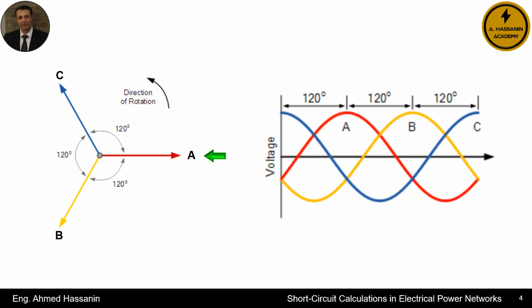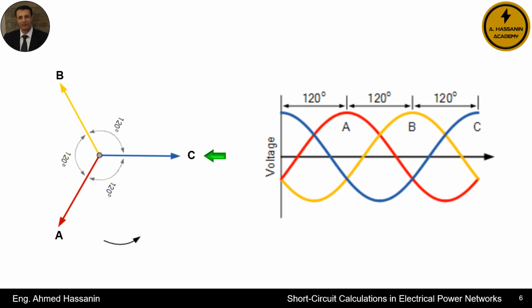Therefore, the phase sequence will be A, then B, then C. This means that when moving counterclockwise, when phase A starts rotating, the phase that takes its place is phase B, followed by phase C. In conclusion, the original sequence of rotation for the three phases is counterclockwise. In other words, phase A comes first, followed by phase B, and then phase C. Therefore, the phase sequence is ABC.